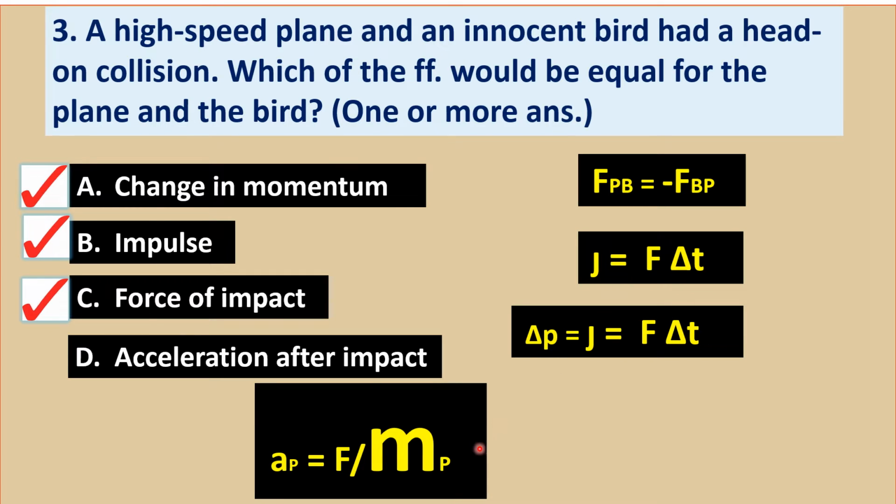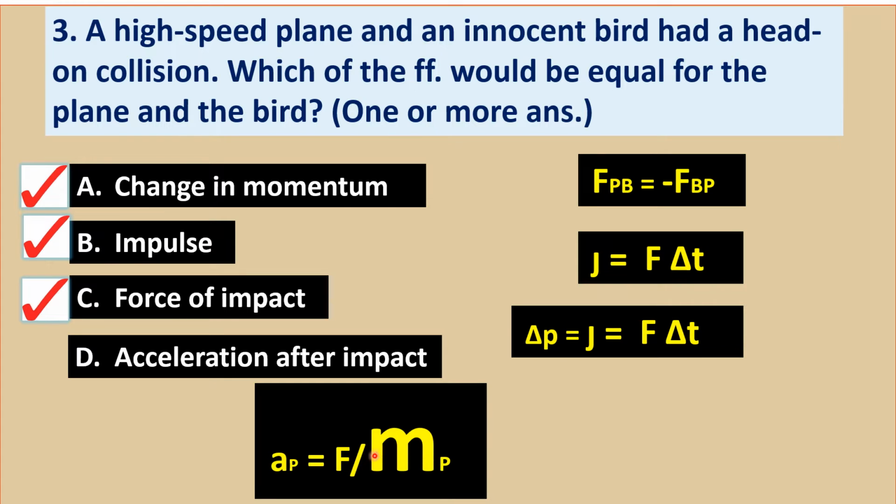Why is acceleration not considered? Look at this relationship of acceleration. Let's say AP is the acceleration of the plane just after their collision. Now, since F is the same or constant, but we have a bigger mass for the plane, the hugeness of the mass of the plane is emphasized in this equation.